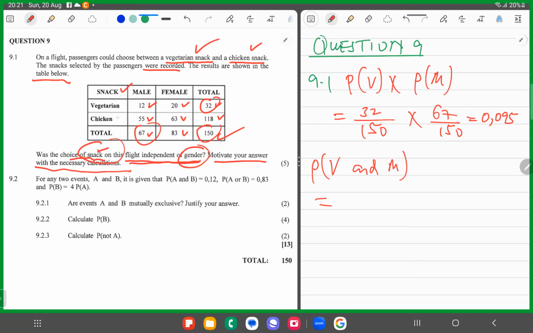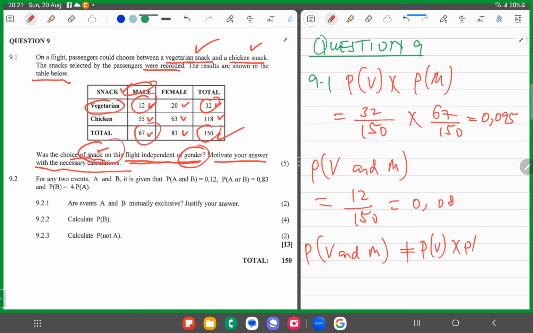Now you go to the table and look at vegetarian and male, and it's 12. So it's 12 out of 150, and so this is 0.08. We can see clearly that the probability of choosing vegetarian and male is not equal to the probability of choosing vegetarian times the probability of male.